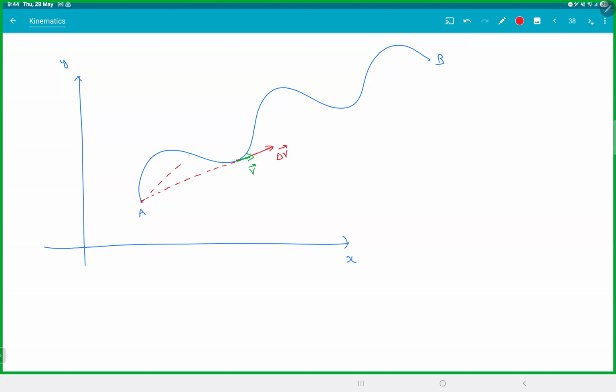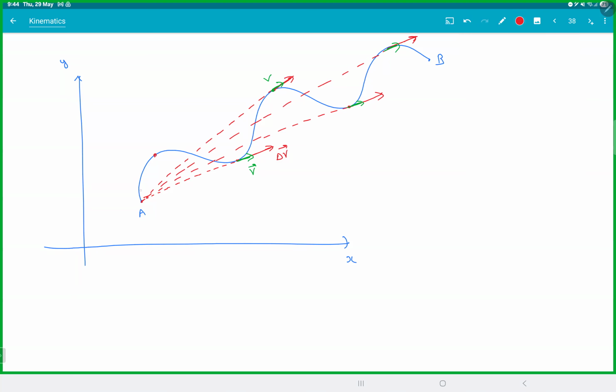So from point A, I can draw one more tangent here. I can draw one more tangent here. I can draw one more tangent here. And at these points, when it's a tangent, the velocity is also along the tangent.